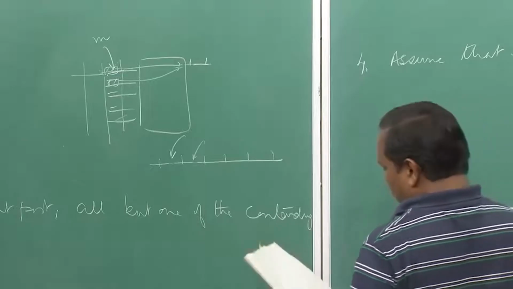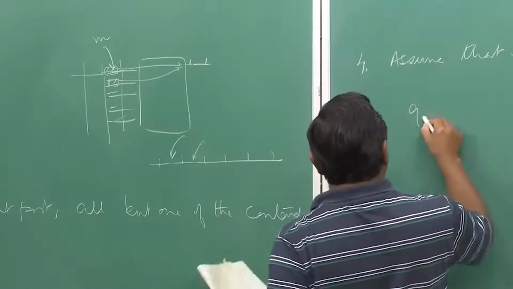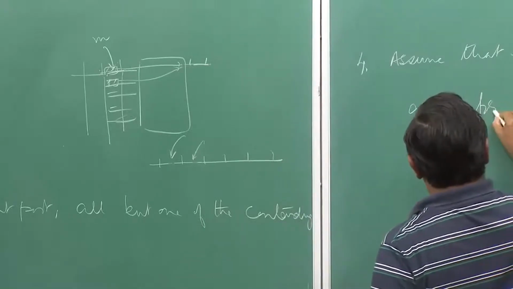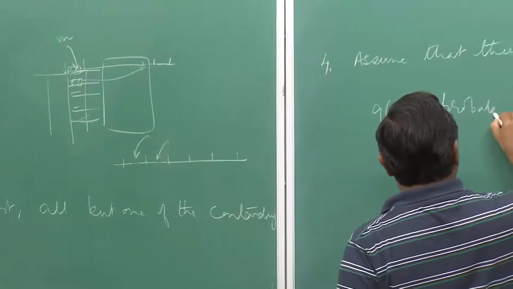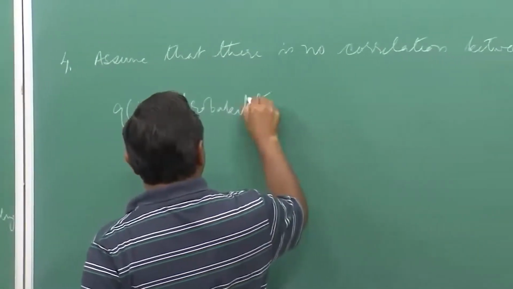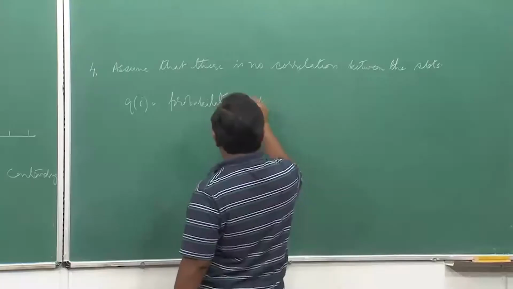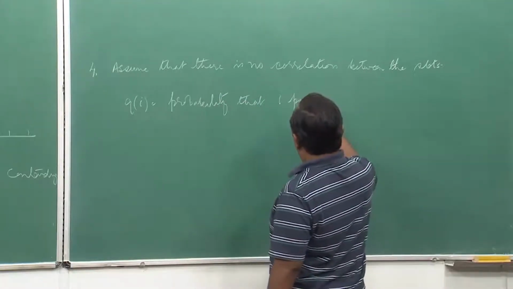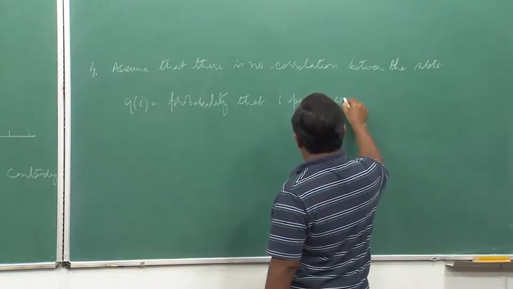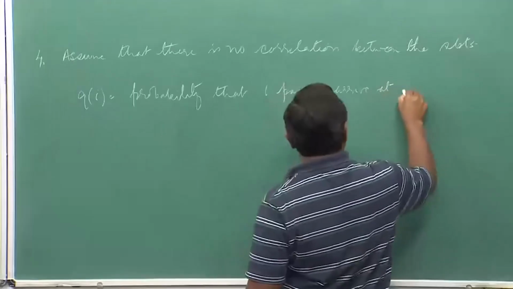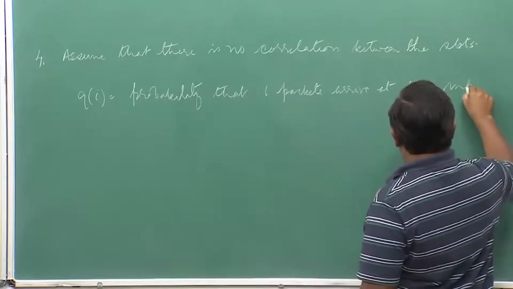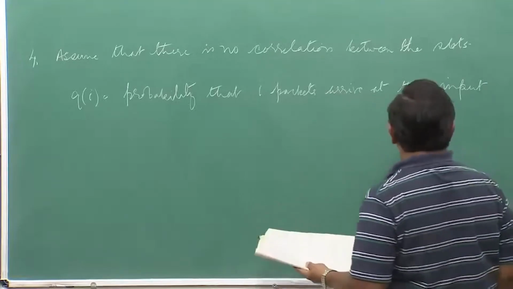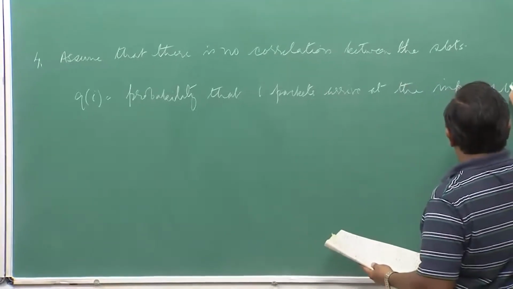So, Qi is going to be the probability that i packets arrive at the inputs of the switch.